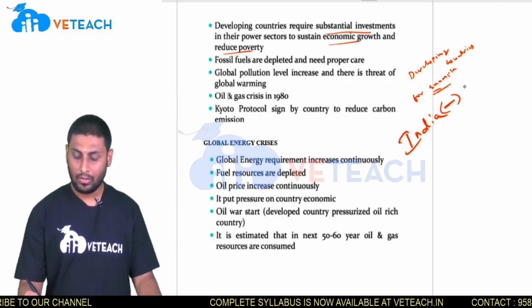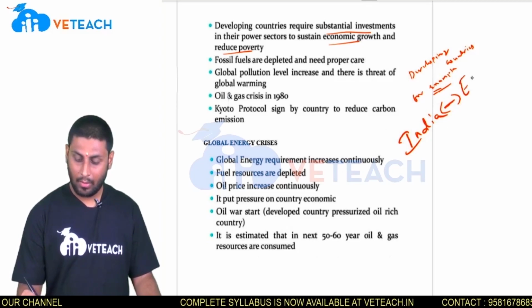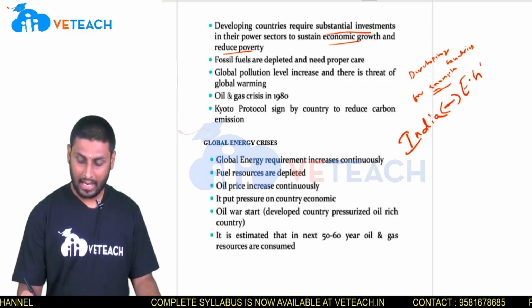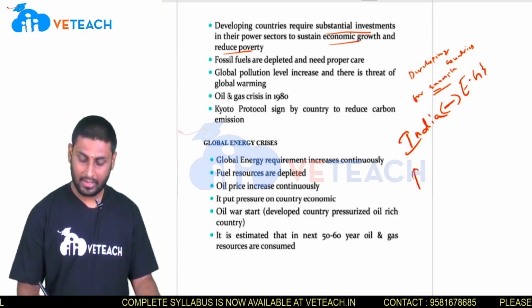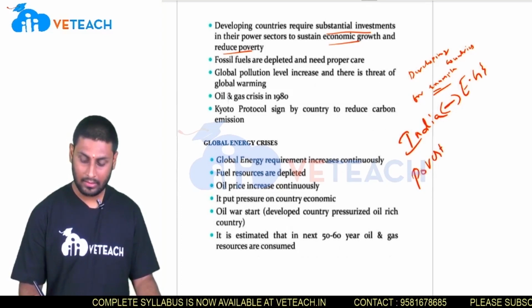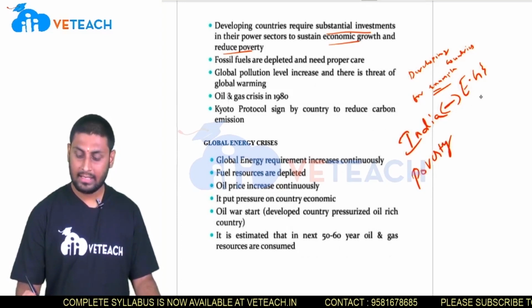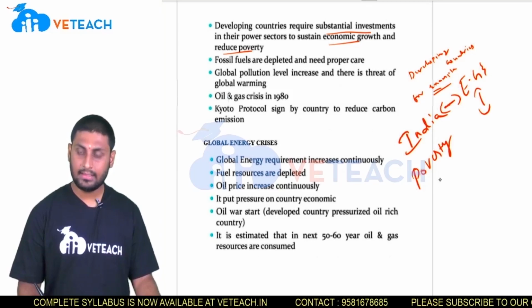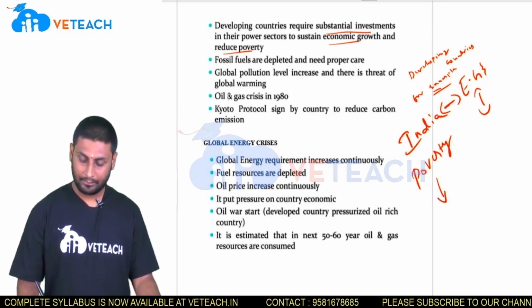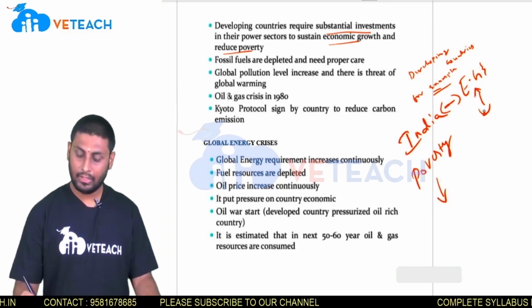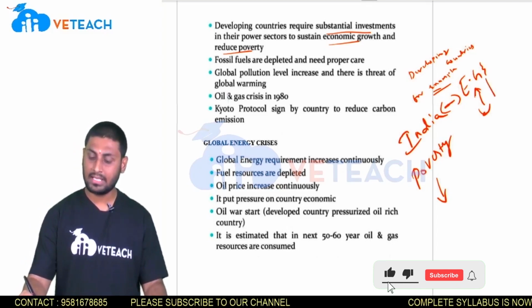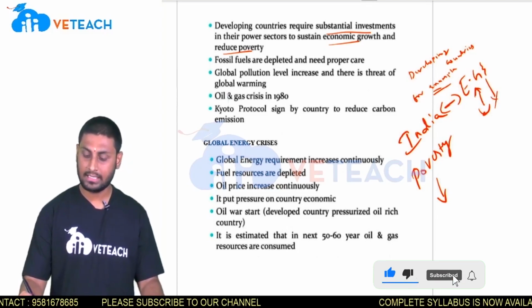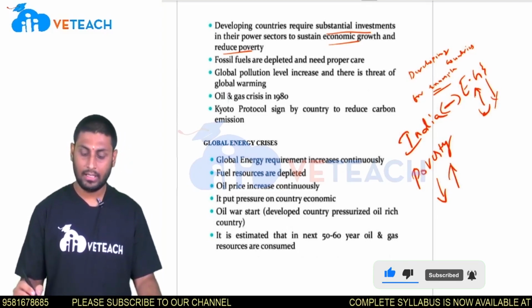In this country, we consider economic growth and poverty. If we increase economic growth, there is a reduction in poverty. If we reduce economic growth, we have to increase poverty, vice versa.